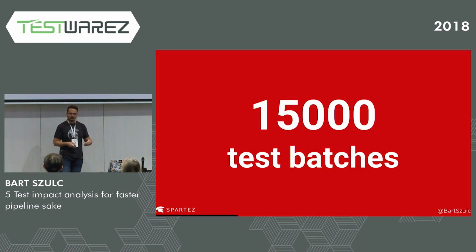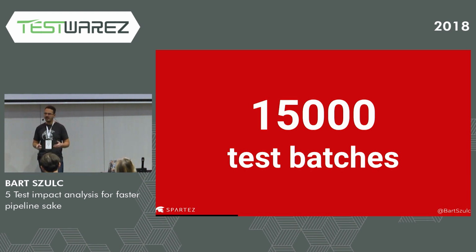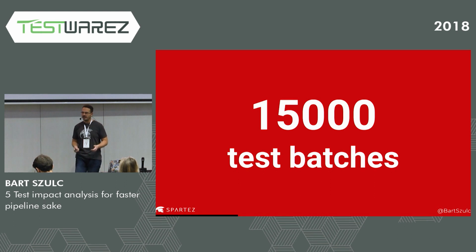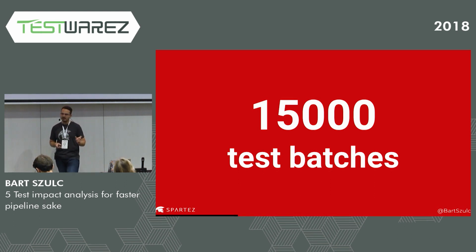And when it comes to the number, it's 15,000 test batches, not even tests run, but batches of tests that need to be run every single day. So that's a lot of execution. That's a lot of those 45 minutes added up and money that needs to be spent on running those tests.